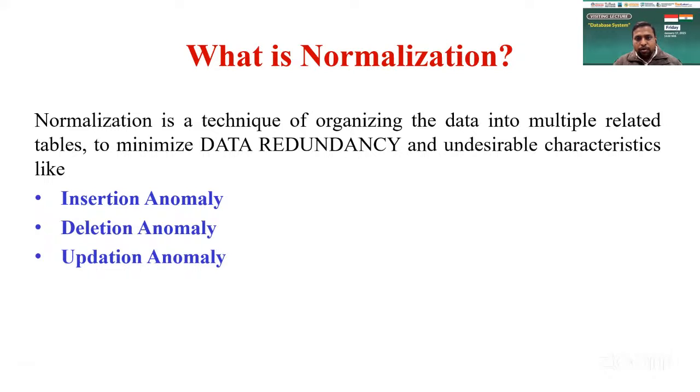Now, a lot of problems are there. First is data redundancy and these types of anomalies. How does normalization solve this, and why are we required to minimize data redundancy? And before that, what is data redundancy? So we are covering all these questions one by one.